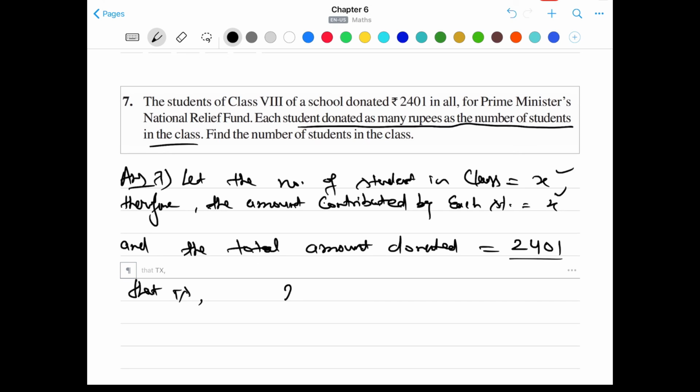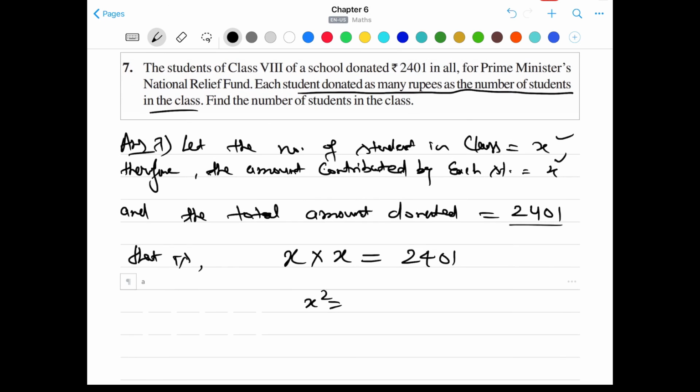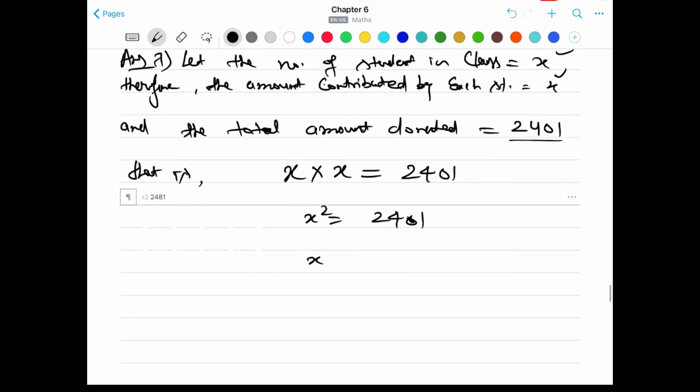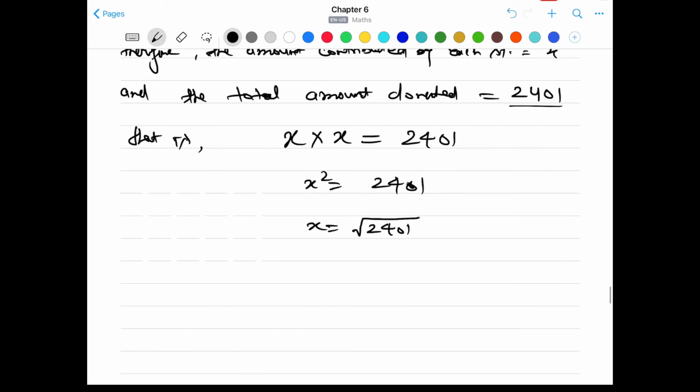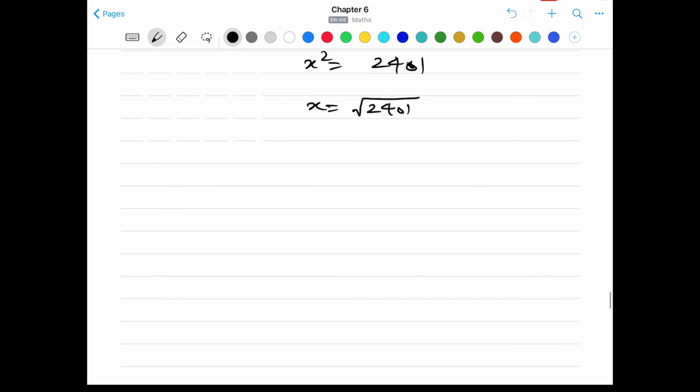We get this amount by multiplying the number of students and the amount contributed by each student, and that should be equal to 2401. That is, x square is equal to 2401 rupees. If you find x from here, which is the number of students, this will become the square root of 2401. That means now we have to find the square root of 2401 by the prime factorization method.